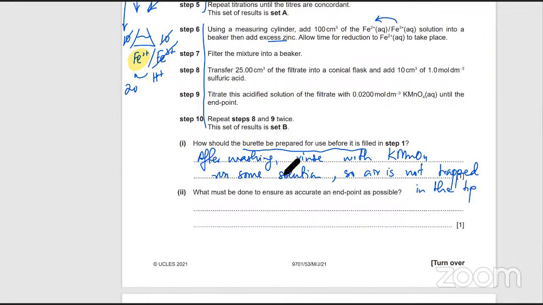अच्छा, what must be done to ensure an accurate endpoint titration? How do you ensure कि titration का जो end point है वो accurate है? मतलब क्या करना है उसके लिए?